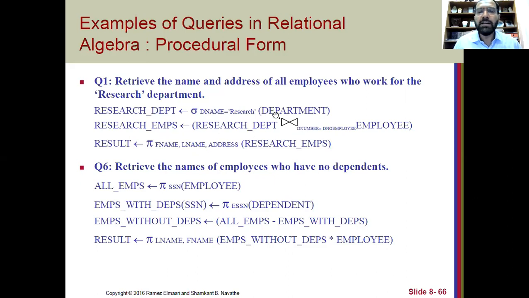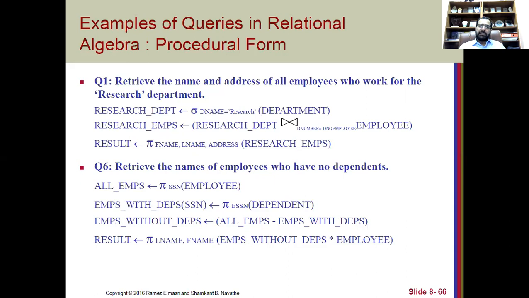The result goes into, again a rename, research underscore employees, EMPS. In the last step, on research underscore employees, we apply the project operator, where we are interested in the name, which is divided into two attributes, f name and l name, and the address, and that information goes to the result. In that manner, we have the result of this algebraic expression.